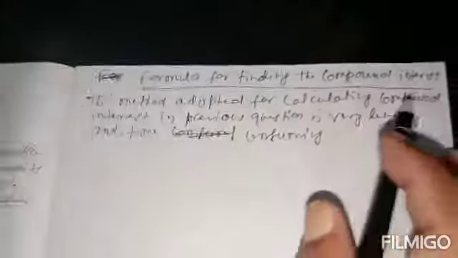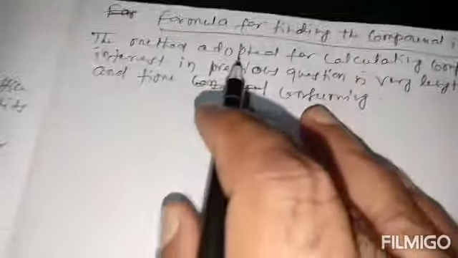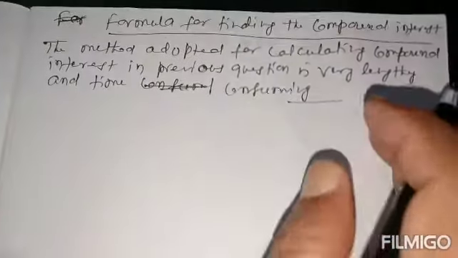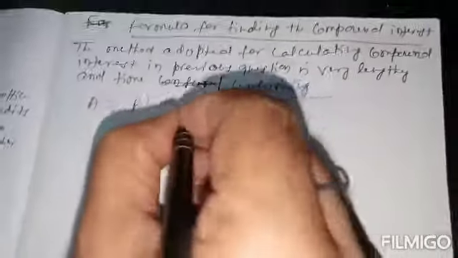Next question is the formula for finding compound interest. The method adopted for calculating compound interest in the previous question is very lengthy and time consuming, so we use a shortcut formula. Amount is equal to P (1 plus R by 100) to the power time.